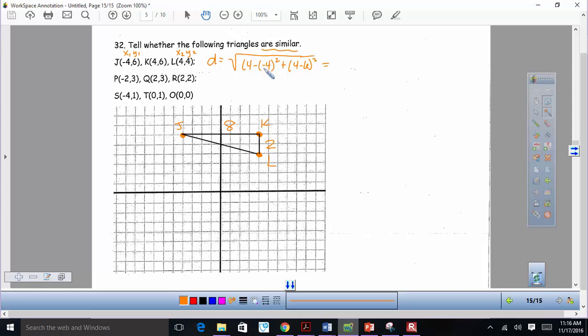So 4 minus a negative 4 is actually 4 plus 4. 4 plus 4 is 8, and 8 squared is 64. Plus 4 minus 6 is a negative 2. Negative 2 squared is 4. So we add it and we get square root of 68. Okay. So I'm just going to leave that.